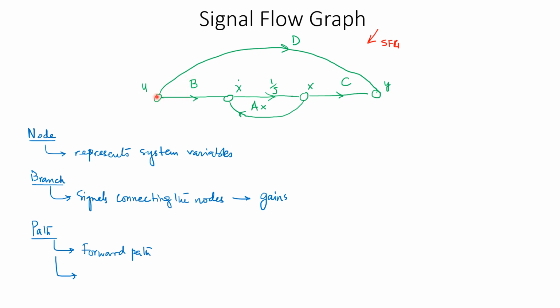So starting from the input node, the connected path having all these branches all the way to the output node, that is going to be the forward path. So you can see this definition: the forward path is the path which connects the input node to the output node.